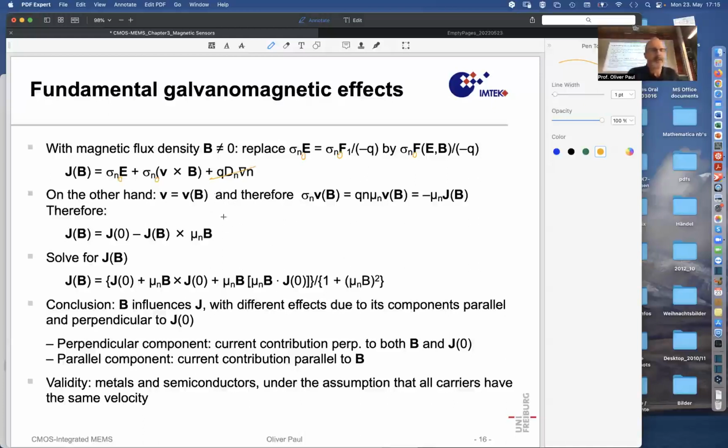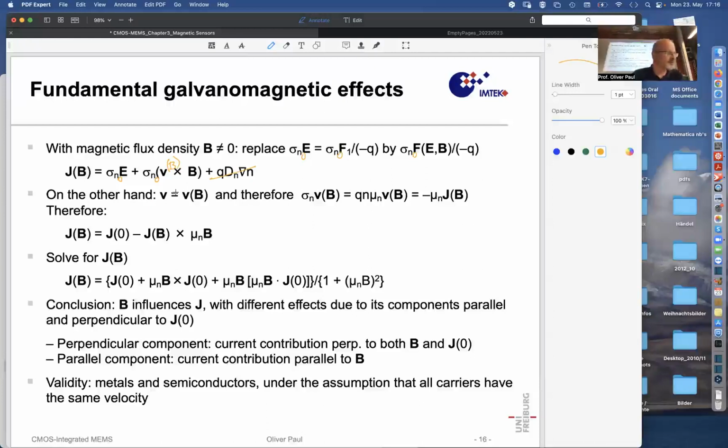So now, of course, the V we have here is a V that depends on B. Yeah? It's not the V, the velocity of the charge carriers without magnetic field. It's whatever comes out under the effect of B. So I'm writing here on purpose V of B. And now we can proceed several ways.